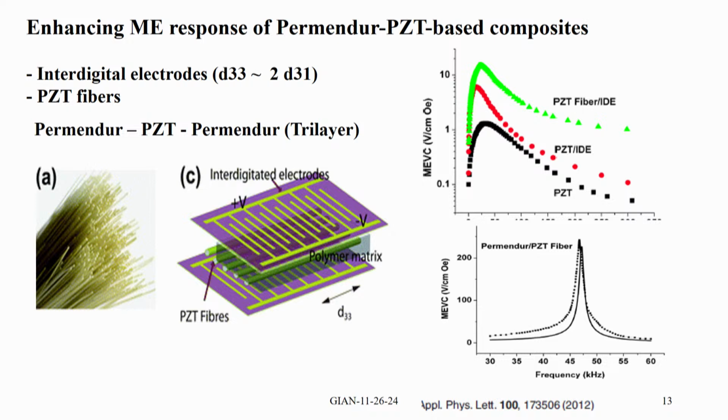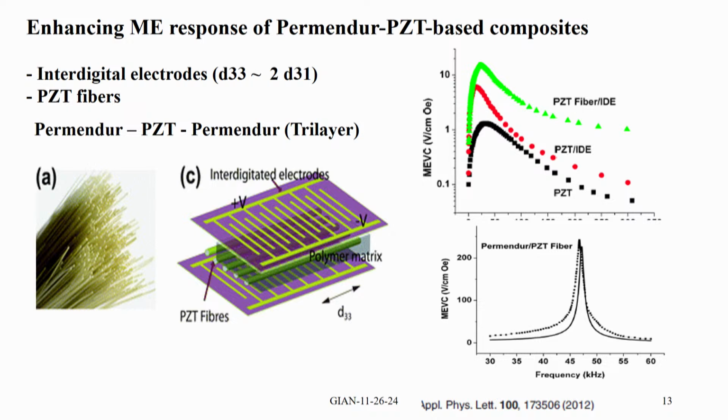It can be any of the 3D transition metals or alloys, and then you have to measure the voltage coefficient by measuring the voltage between the top and bottom of the fibers. And here you see the voltage coefficient for 3 different cases. One is the traditional PCT platelet, and PCT with interdigital electrodes, and the PCT fibers with interdigital electrodes.